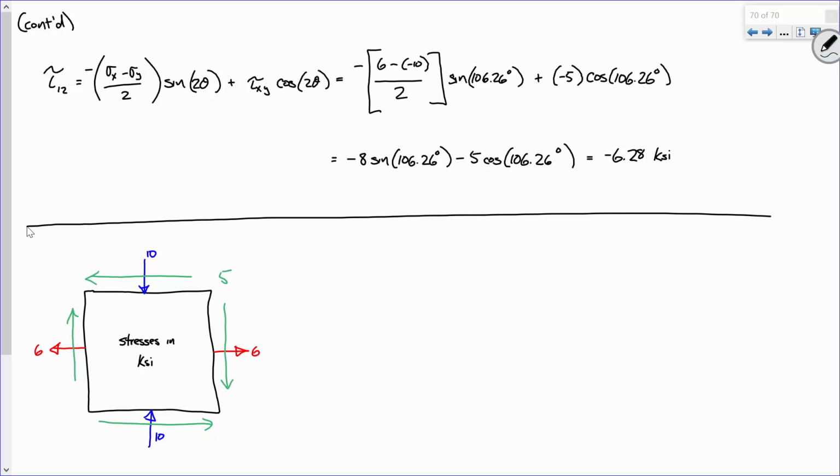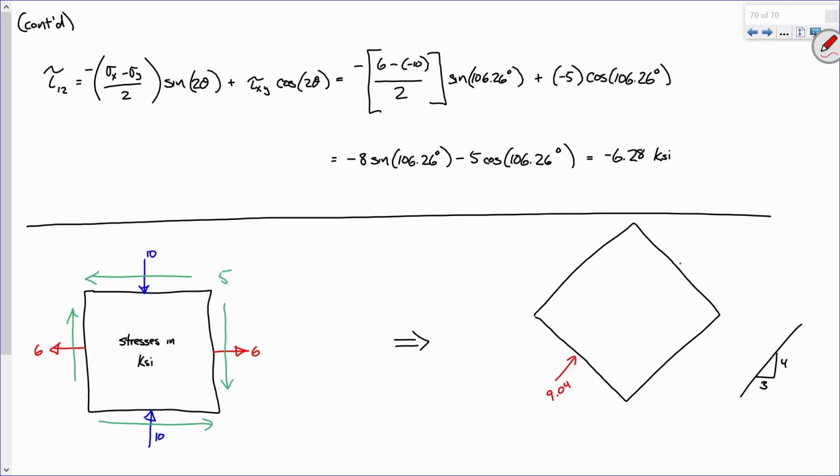All right. Now, what I have done is I have taken this stress block and I have rotated it something like this. And I've rotated it to where that is a 3-4. Now by rotating it, I've generated a new set of stresses. So this is 9.04.